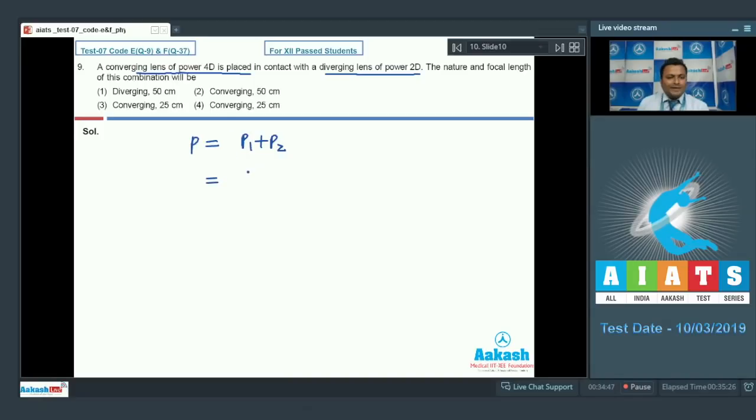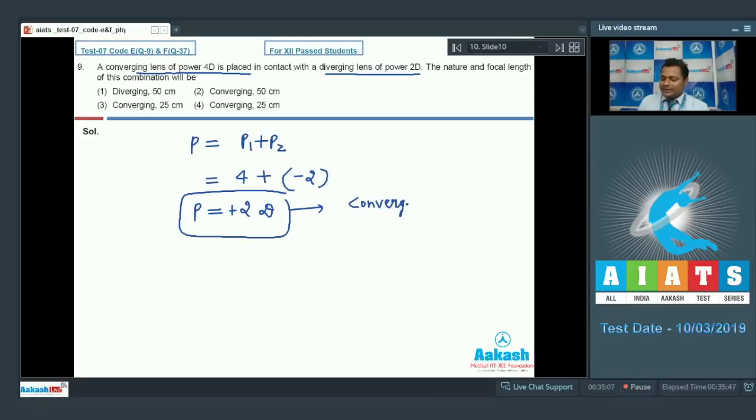Now P1 convex lens power always positive, plus of P2 a concave lens power negative, so minus 2. So ultimately we will get the net power, that is 2 diopter, and here power comes positive, so the nature will be converging. The resultant lens nature will be converging.